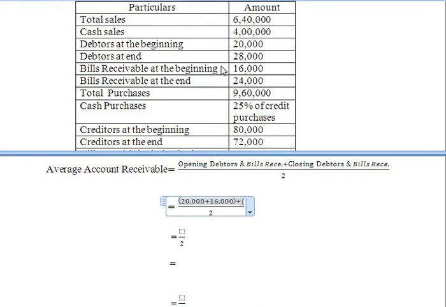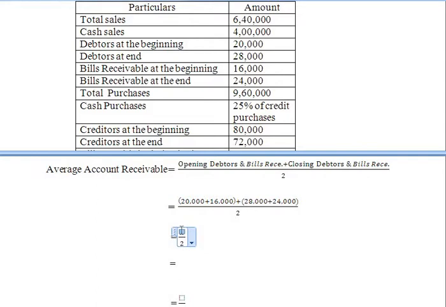Now debtors at the end how much? 28,000. So write 28,000 plus what about the closing bills receivable? Bills receivable at the end is 24,000. Now close the bracket, divided by 2 as it is.